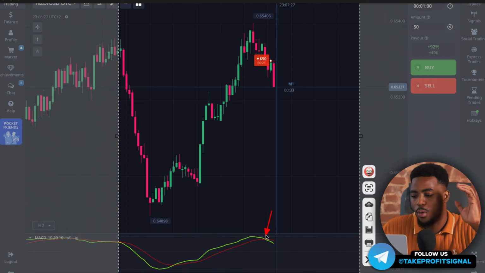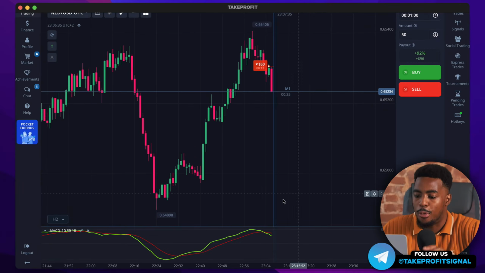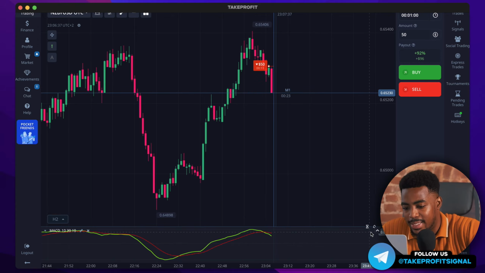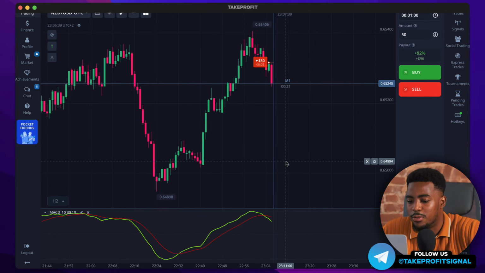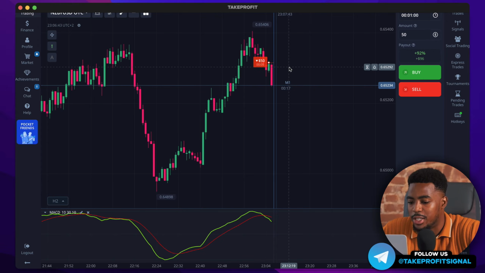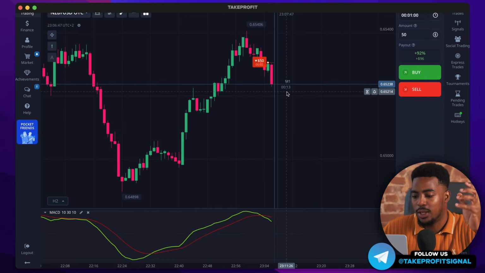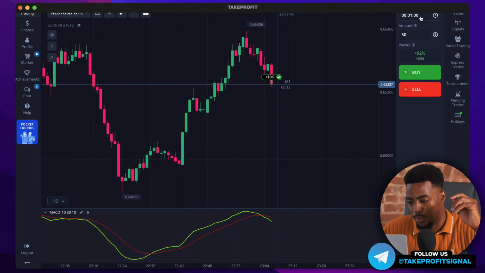This crossover where the red and green line intersect occurs at the upper part. This indicates that our trend is changing from upward to downward. So I am opening a trade for a decrease, meaning I am placing my prediction that within the next minute the price will go down. And indeed, that is what happens.